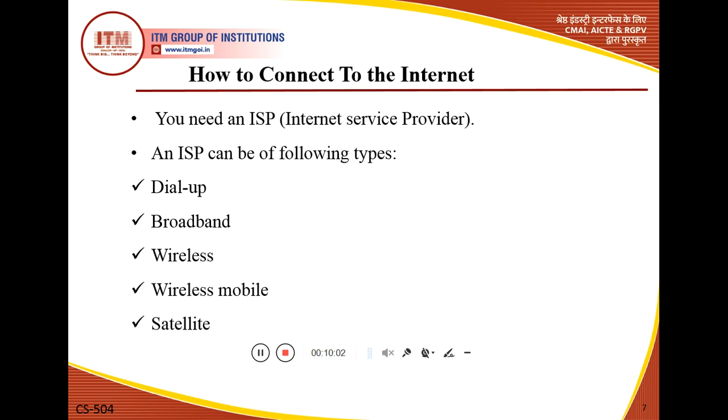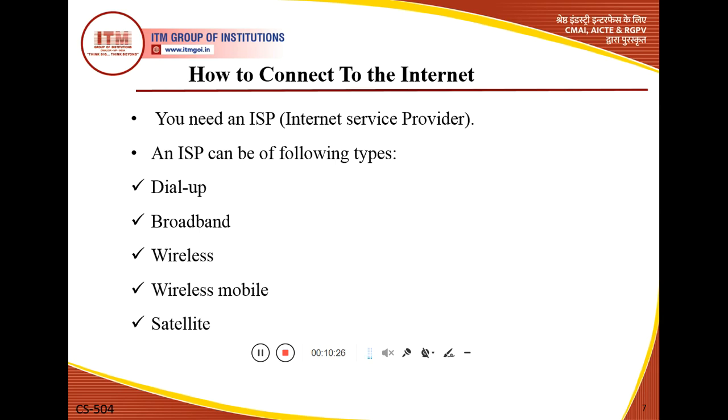First of all, if you want to connect to the internet, you need an ISP. ISP means Internet Service Provider, because this service provides the connection to the internet. Without an ISP, you will not be able to connect to the internet.